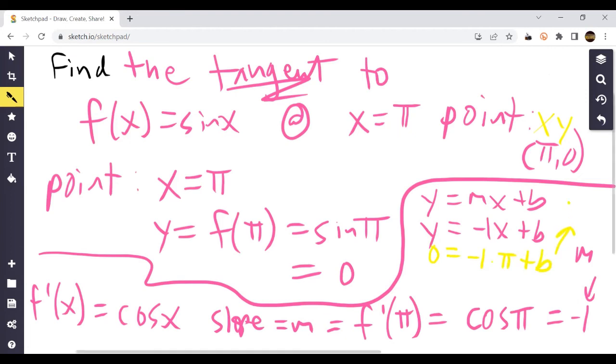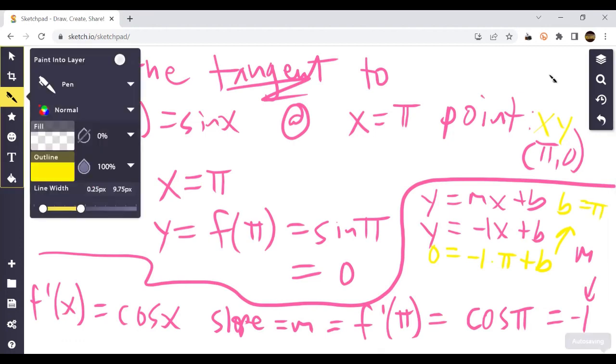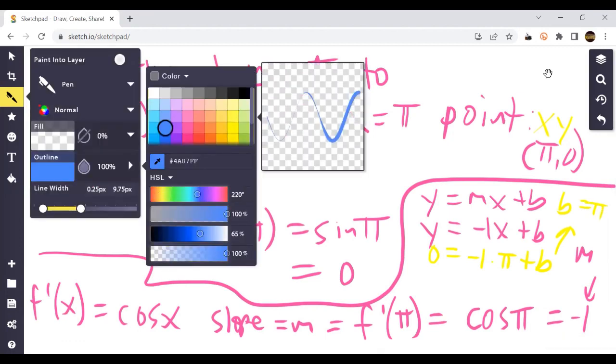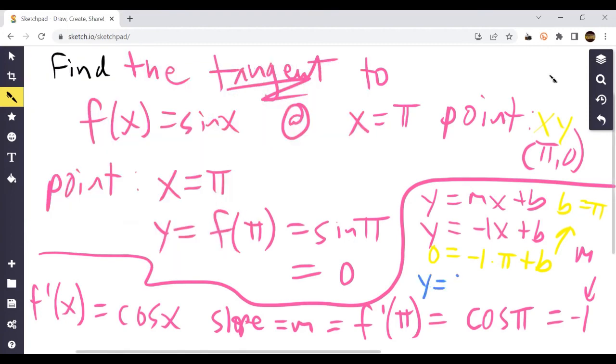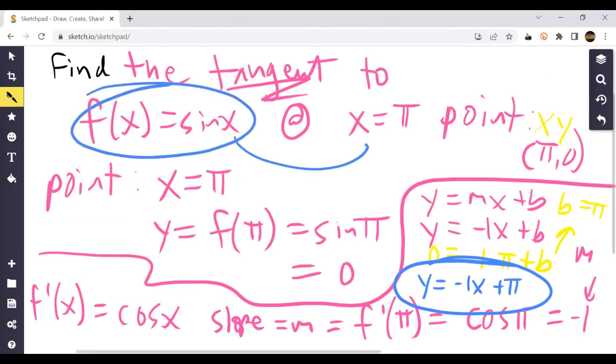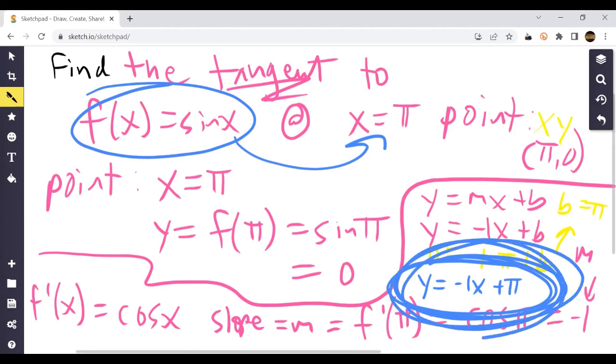And this tells us that b equals positive pi. So our final answer here in blue would be y equals mx plus b. So this would be our tangent to this function at the point where x equals pi. Final answer down here in the bottom in blue.